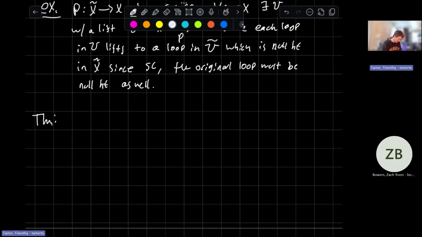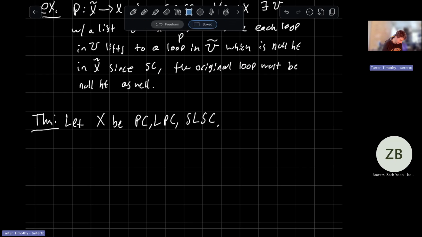Yeah, I'm gonna say: theorem, let X be path connected and locally simply connected. And the key thing here is that this is an and.